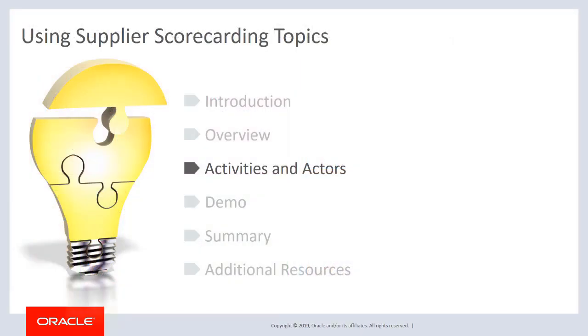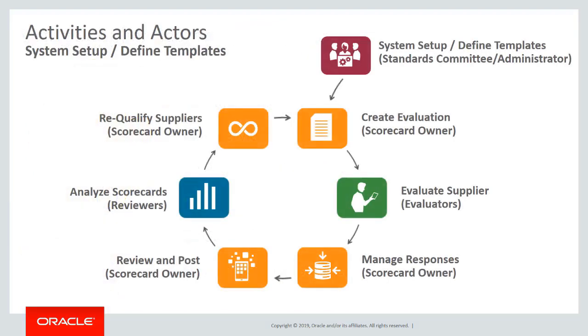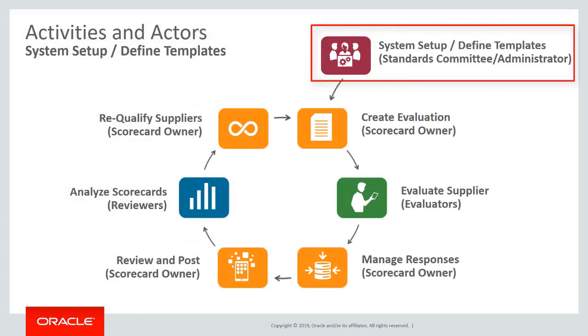Let's drill down to understand the importance of each of the activities across the scorecarding process flow and who in your organization would perform these activities. Before you start using scorecard evaluations to measure your supplier's performance, the first step is to set up the foundation data for the system. An essential piece of the setup is the establishment of evaluation templates.